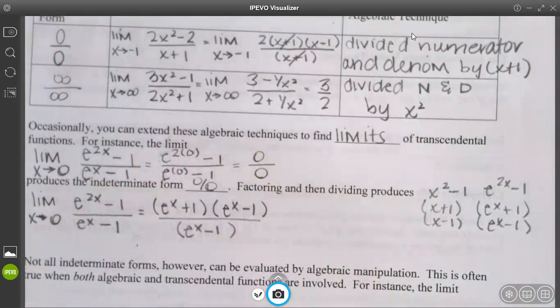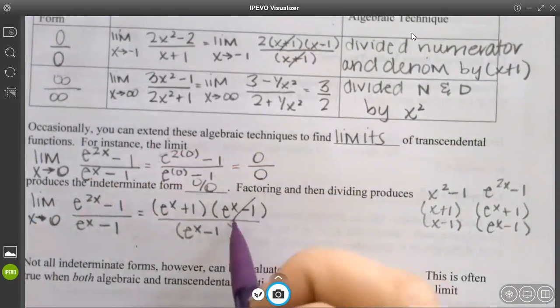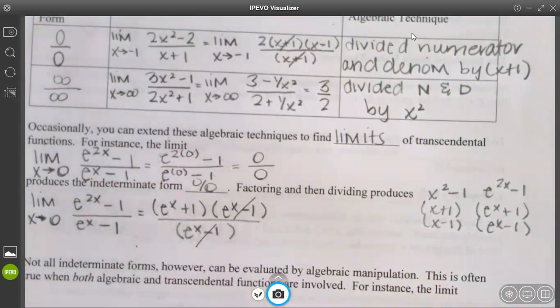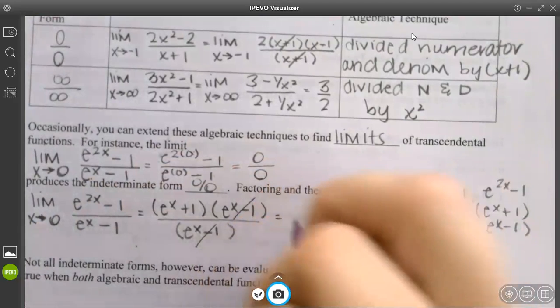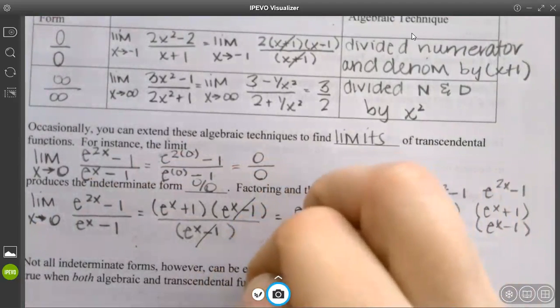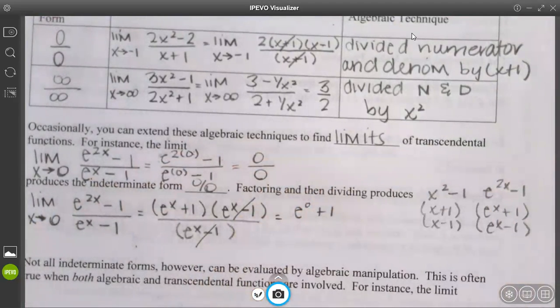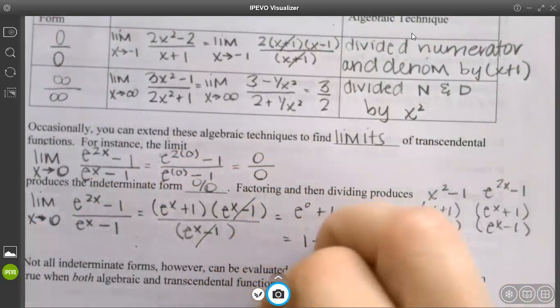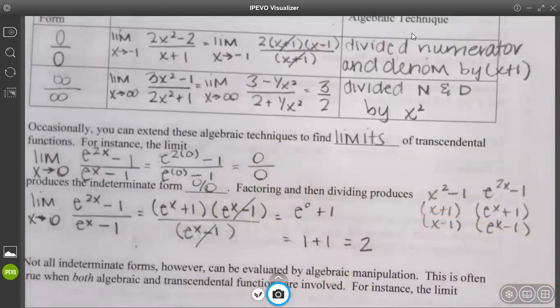What happened? And then when I do direct substitution, what's e to the 0? 1. What's 1 plus 1? 2. So we want to do everything that we can to get out of that indeterminate form.